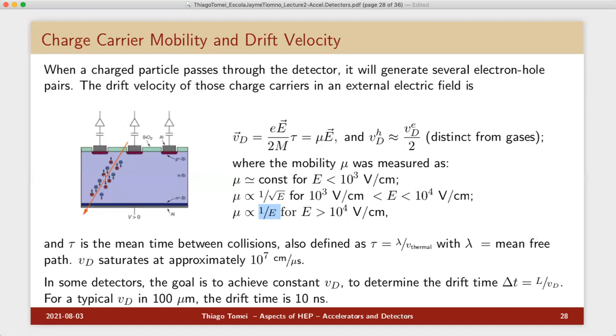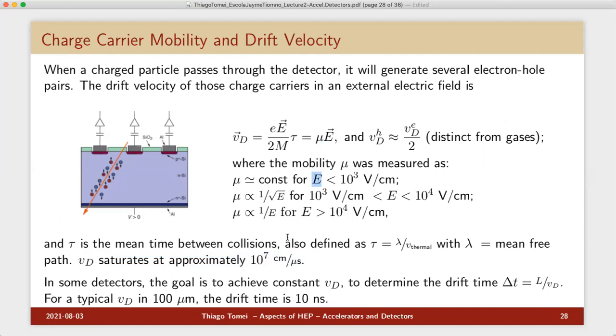And then you run the same calculations, trying to calculate the mean time between collisions, which depends on the mean free path of the material. And eventually the drift velocity saturates at something like 10 to the 7 centimeters per microsecond. But again, this depends on the mobility, and the mobility depends on the field strength.